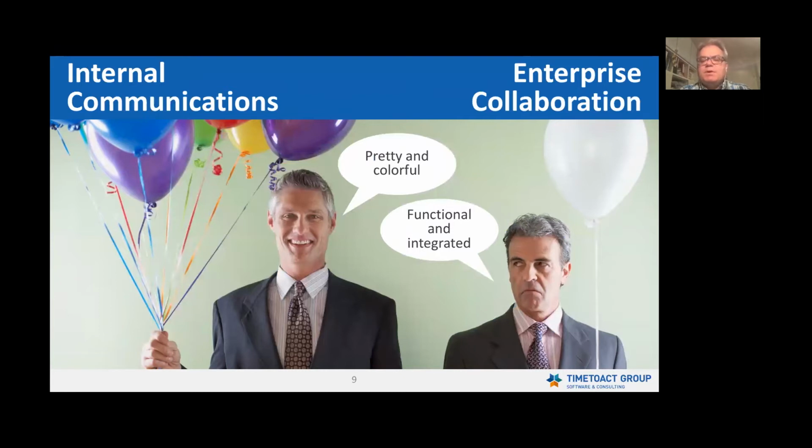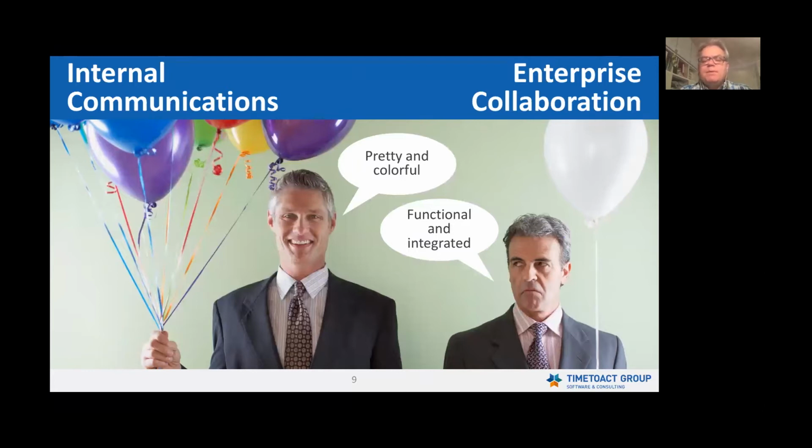It is quite difficult, because the internal communications people, they rather have the intranet pretty and colorful and pixel perfect, of course, whereas the people responsible for enterprise collaboration, they rather have it functional and integrated.